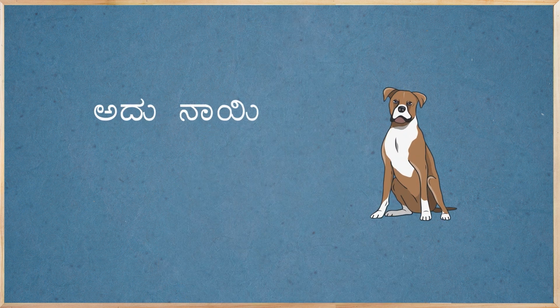Usage of Adu and Idu. Adu, that or it, used for non-human entities. We use adu to refer to things or animals that are far from the speaker. It can also be used for animals or objects that are not directly in the speaker's vicinity but still need to be identified. For example, adu nai.